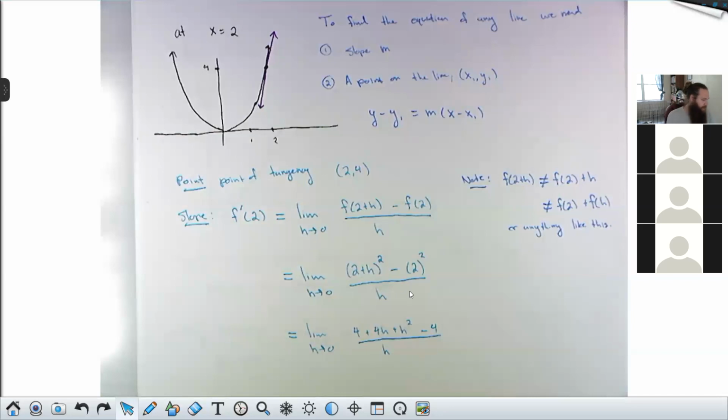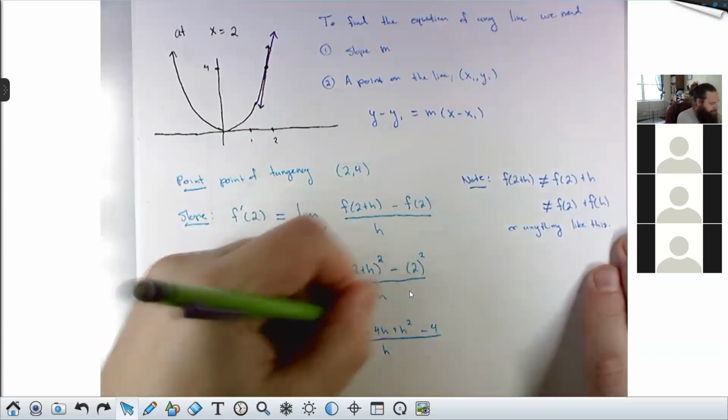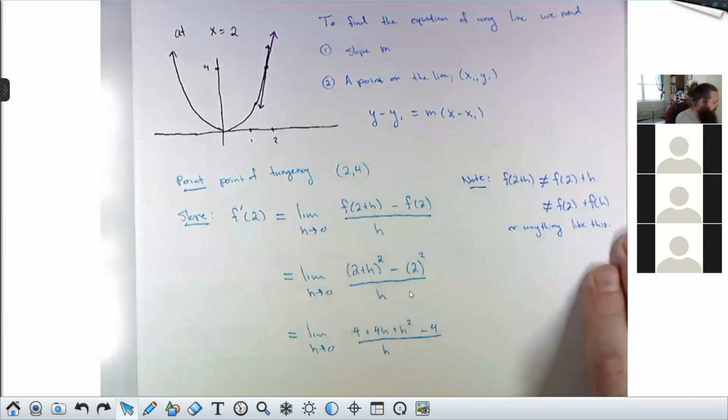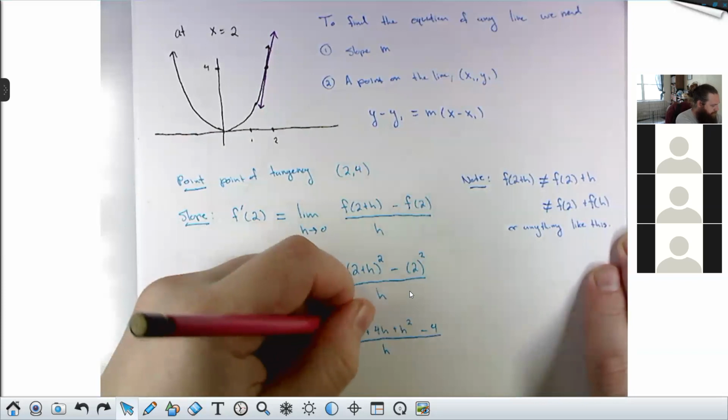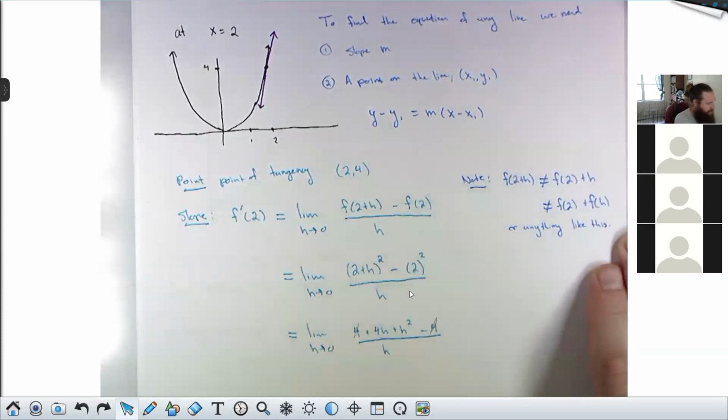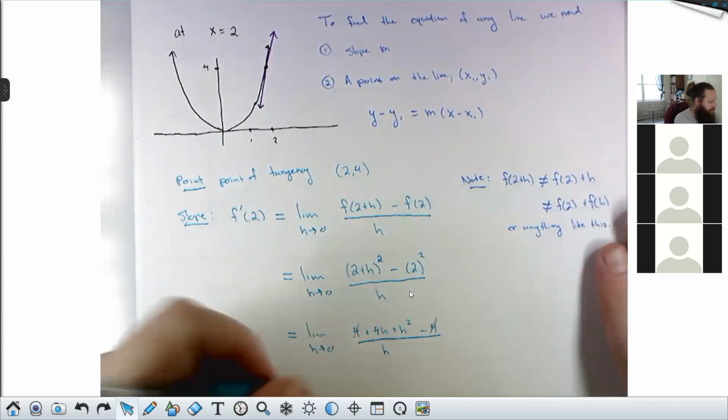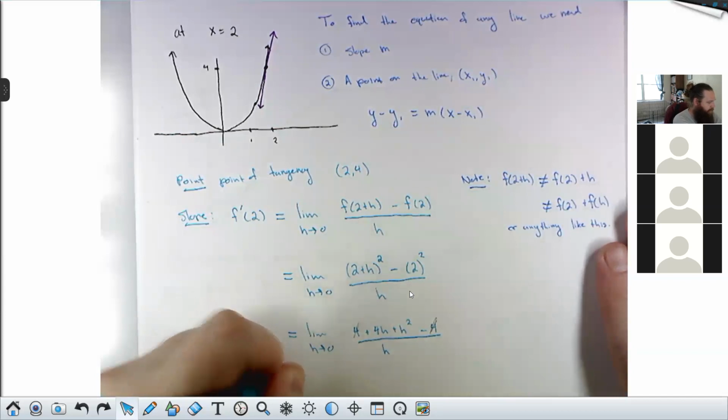Now, of course, the 4s are going to eat each other up. There you go. And then what's left has a common factor of h that we can bring out and cancel with the denominator.